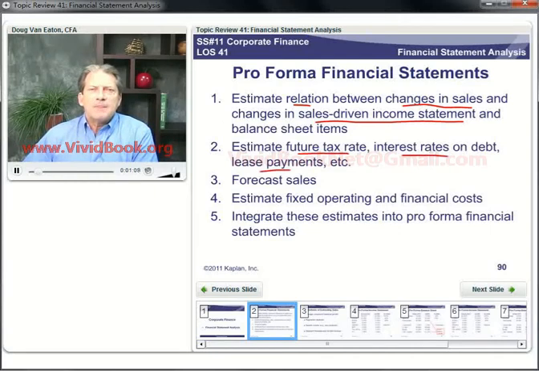Now, some of these forecasts and estimates can be very simple. We might just take last year's effective tax rate and use that as our estimate for next year. In a more sophisticated or complex analysis, we could look at changes in tax rates over time.